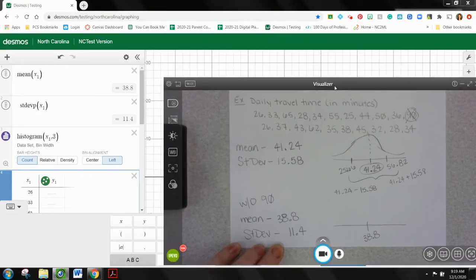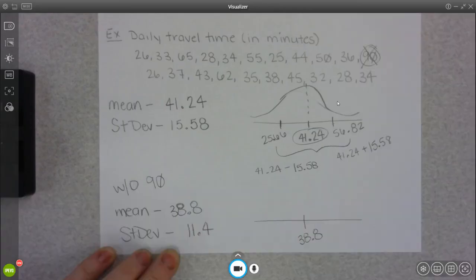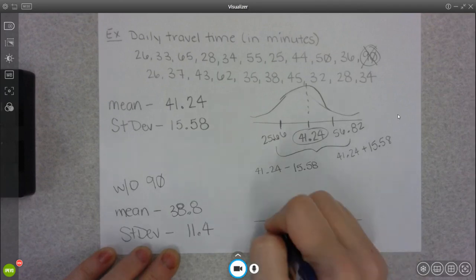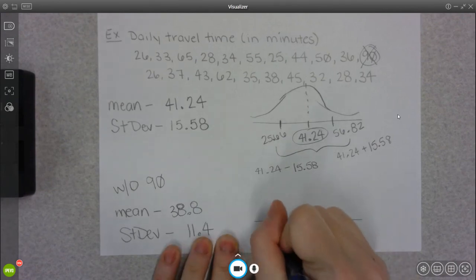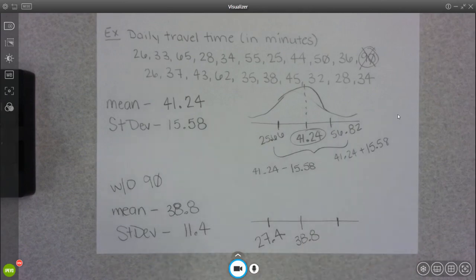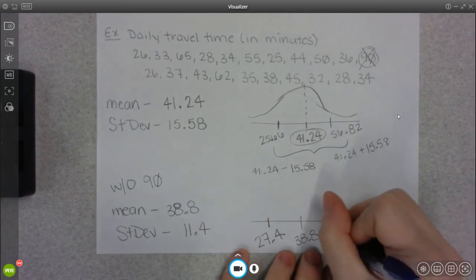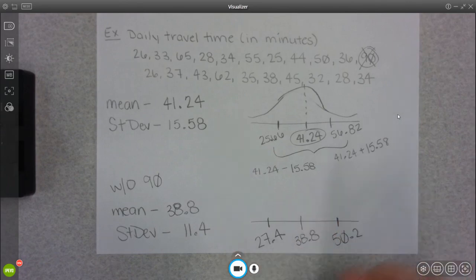Okay. So the lower one is going to be 38.8 minus 11.4. So now 27.4, and 38.8 plus 11.4 gives me 50.2.